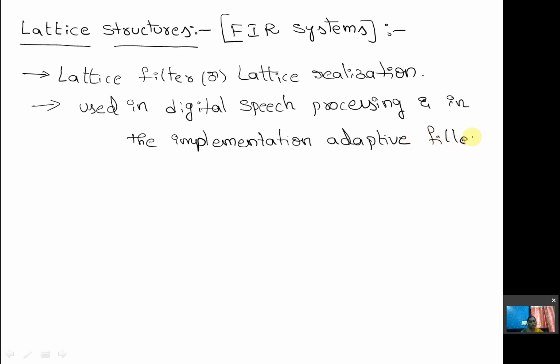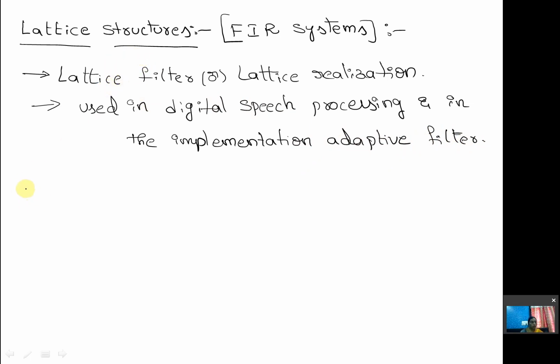That means if you want to predict the next, future coefficients, in such a case also we can use this type of lattice structure. So in digital speech processing and to implement adaptive filters, these lattice structures are specially used.